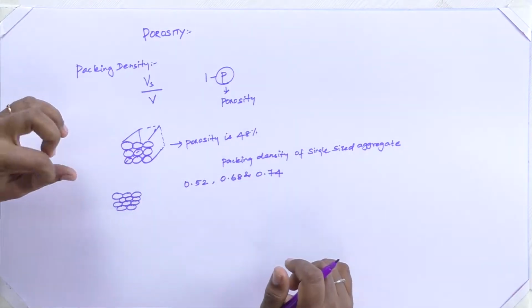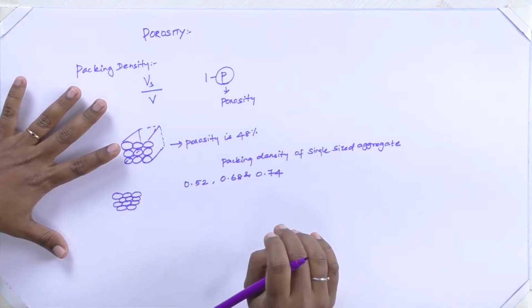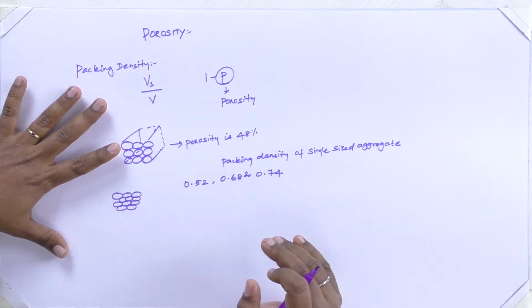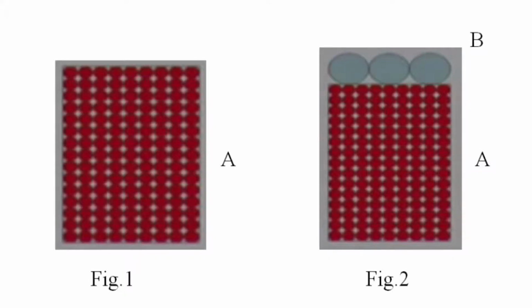So based on the size and its proportion, our packing density gets modified. And let's see an example of how the packing density and void ratio get modified. Consider two aggregates A and B. A is finer and B is coarser.